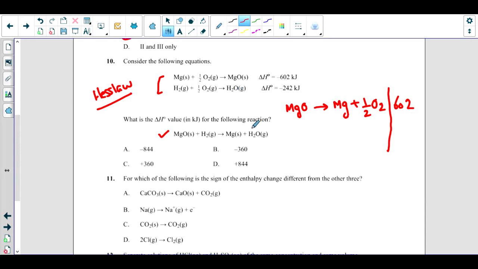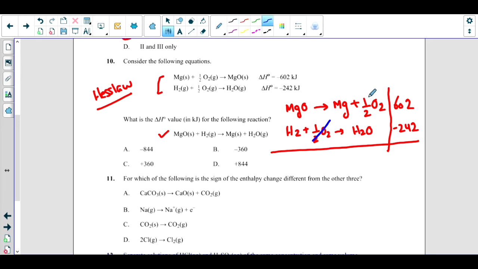H2 is on the product side, we also need it on the product side, so no need to flip it. Let's see what we will get. H2 plus half O2 will give us H2O. We have not done anything with the equation, so it comes the same, right? It comes the same.